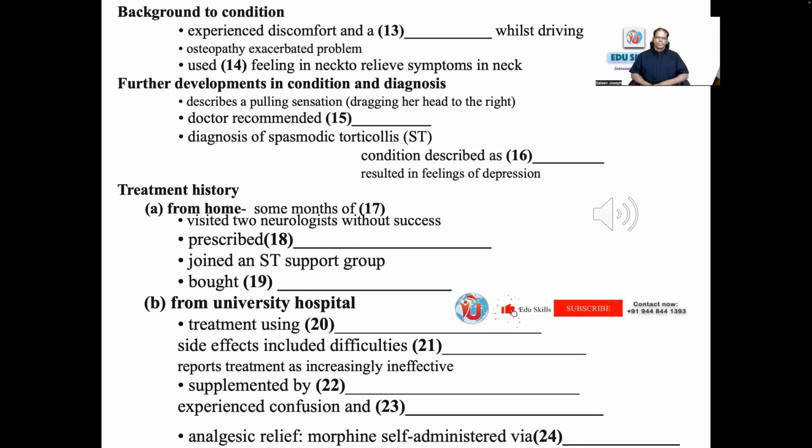I saw a couple of neurologists and I was put on a drug called baclofen, but it really didn't make any difference. Yes, that wouldn't do much for your condition. Oh, right. Anyway, the one really good thing I did at that time was to join a support group for spasmodic torticollis patients, so at least I knew I wasn't alone with the condition.